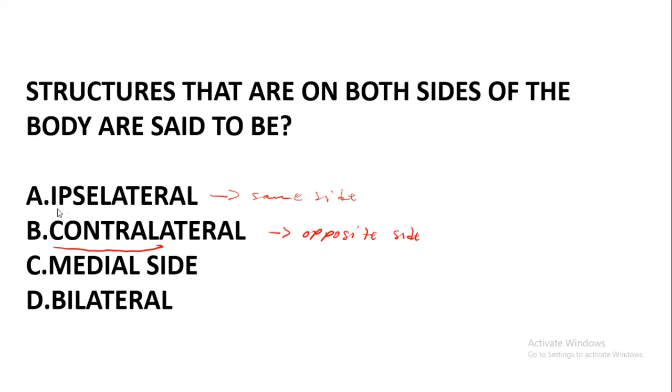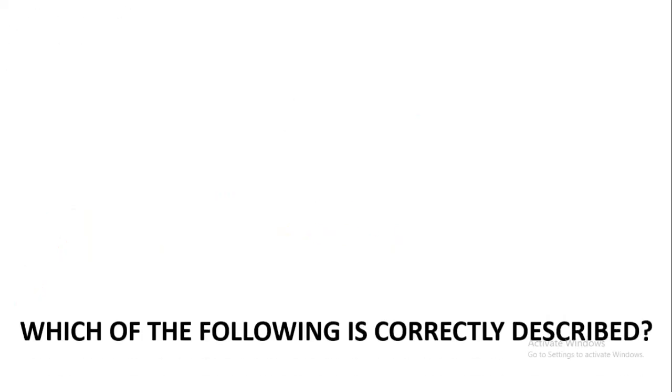And when you talk of ipsilateral, it's just talking about on the same side. Bilateral means on both sides. As a result, this is the best answer in this question. Bilateral means the certain part of the body is on both sides of the body.